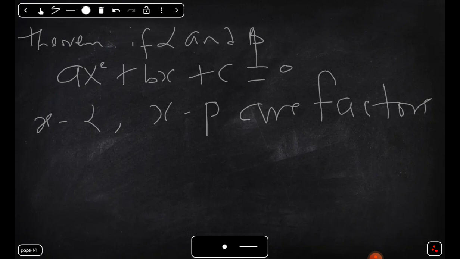They are called factors of the quadratic expression. Okay, now let's prove it.